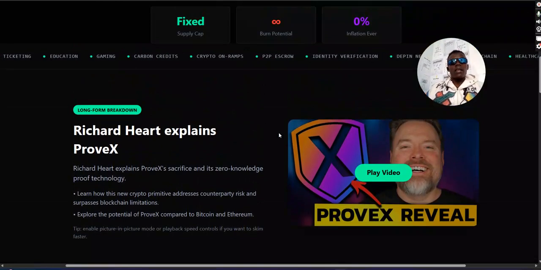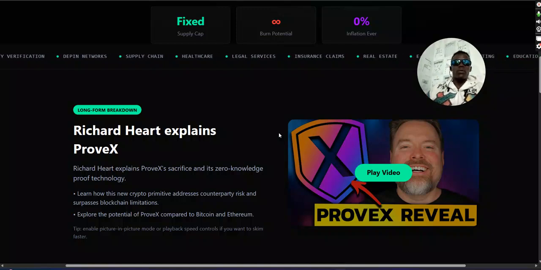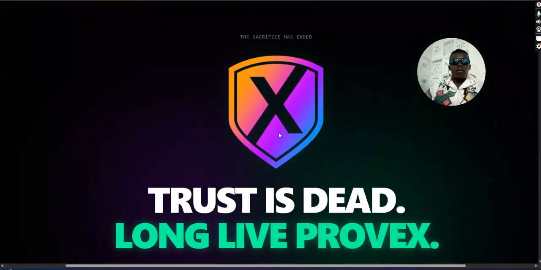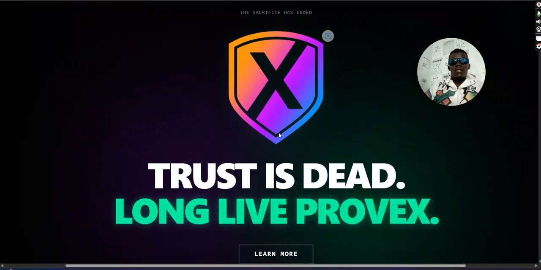I think this is when it can be corrected or maybe updated a certain way so that the people can use it. But once it launches fully, it will be decentralized, and it will not be able to be changed by anyone, even Richard Hart or the devs themselves. So yeah, Provex, trust is dead.